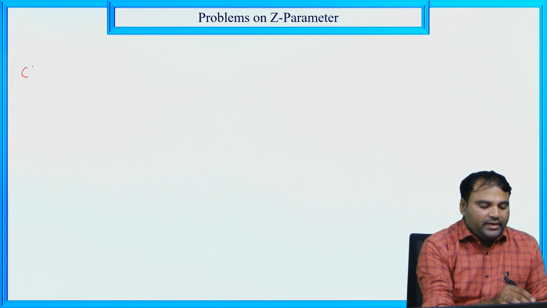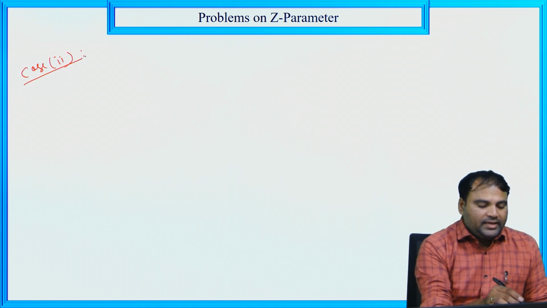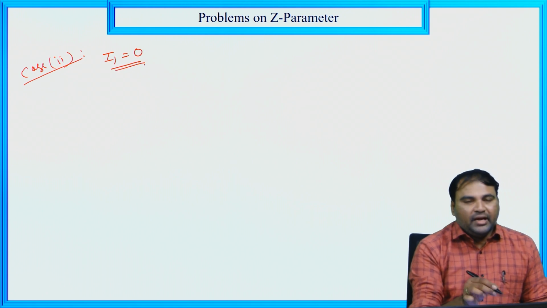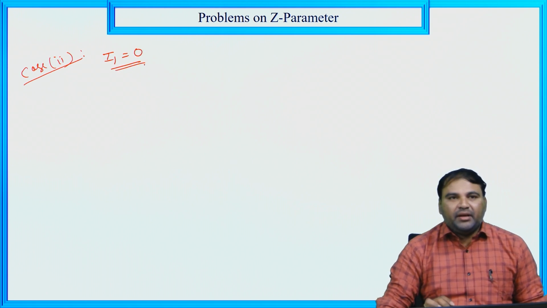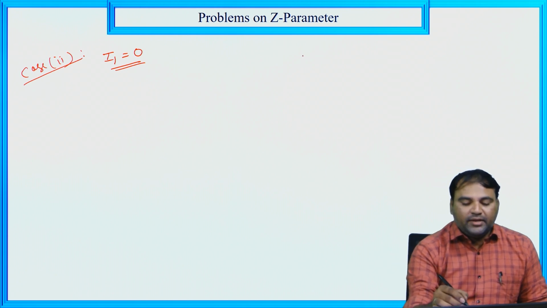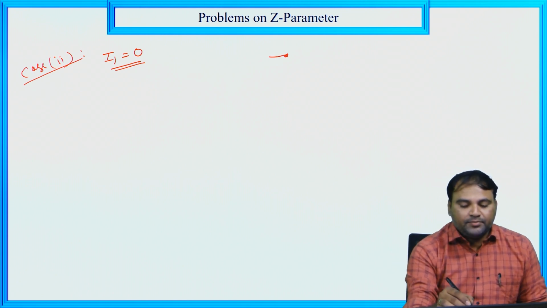So that is case 2. In the second case, I1 equal to 0. I1 equal to 0 means the primary side is open circuited, so the element should be open circuit. So here is the circuit. The primary current is open and the remaining elements are the same.